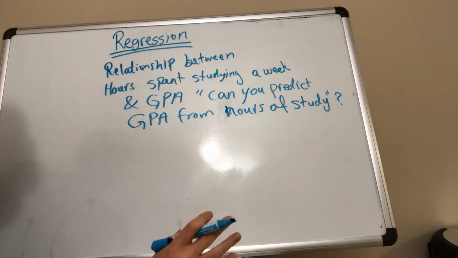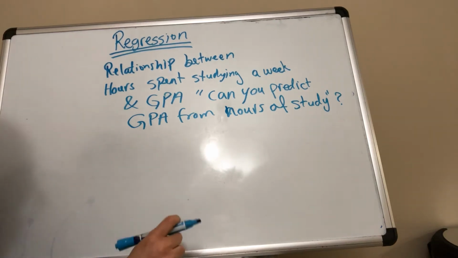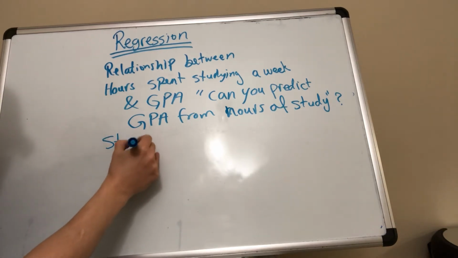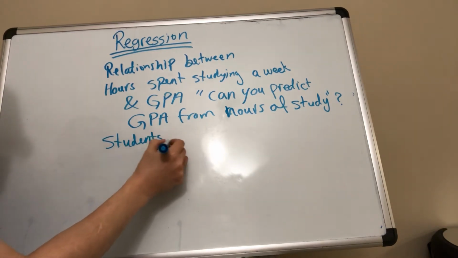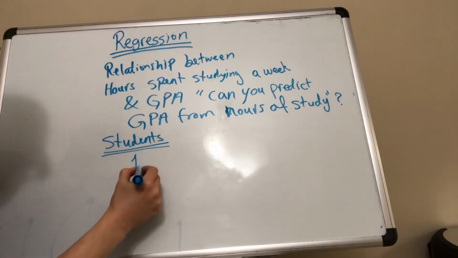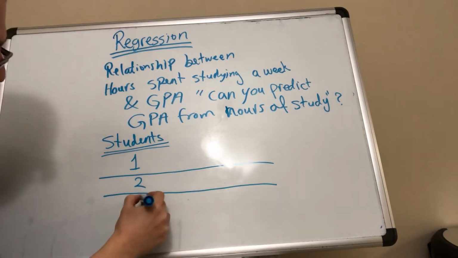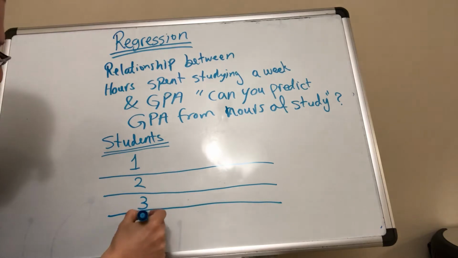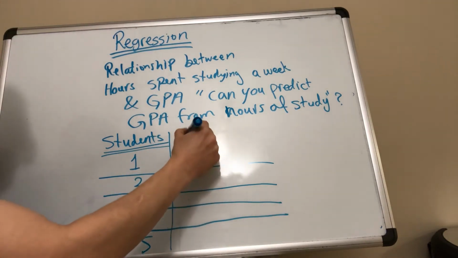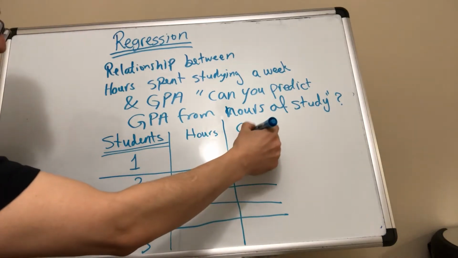So what statisticians do is say, okay, let's bring a certain number of students. For simplicity, I'll say it's a sample of only 5 students. So you have 1, 2, 3, 4, 5. Then you have hours here, and you have GPA.